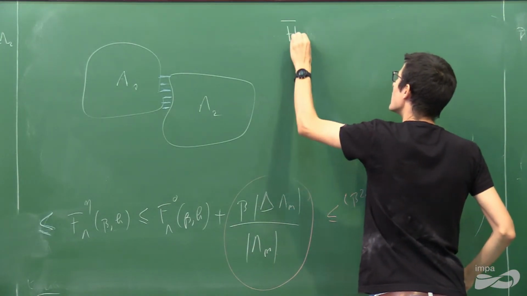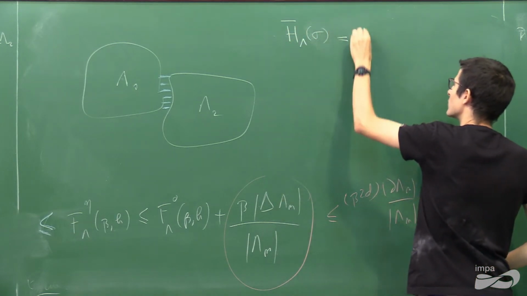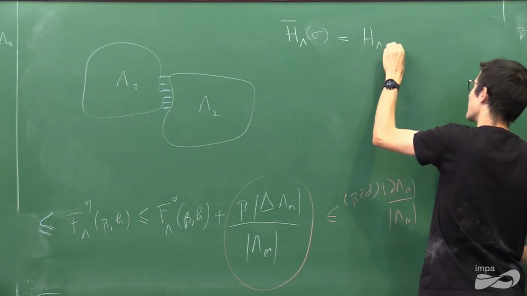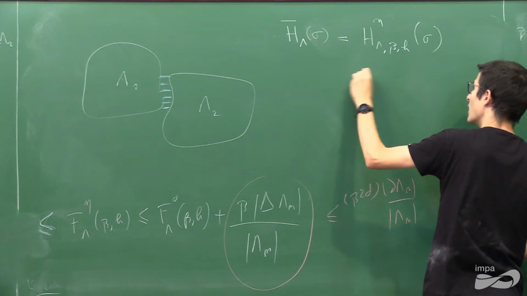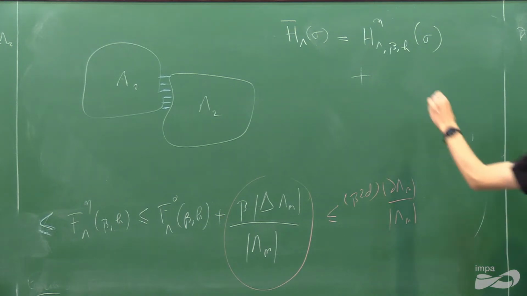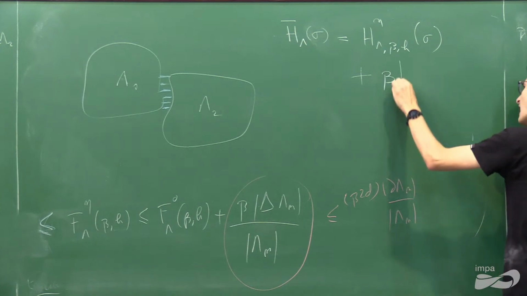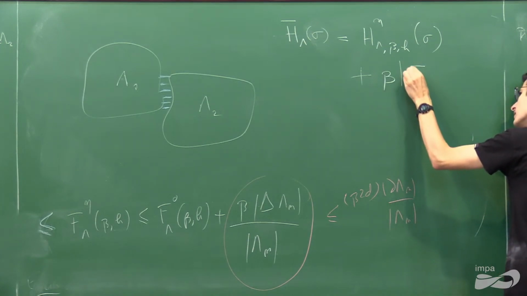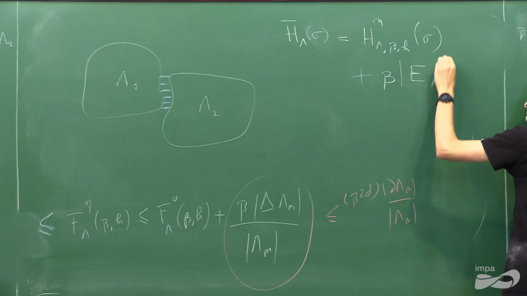So what we are going to do is to define H bar lambda of sigma, which is equal to H lambda beta H eta of sigma plus beta times the number of edges in E lambda.